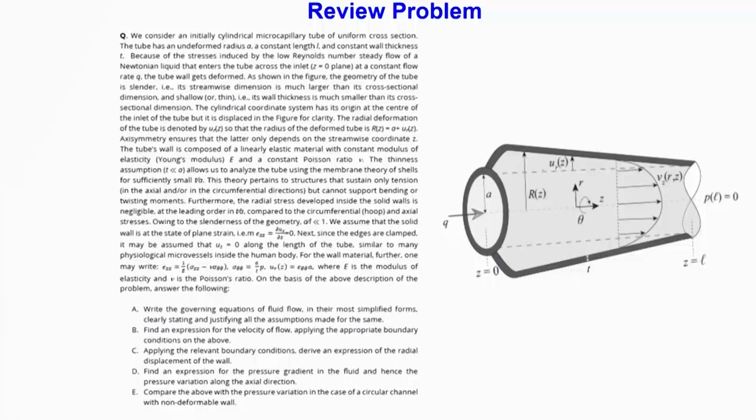With this you have sigma theta theta, which is the hoop stress or the circumferential stress, equal to A by T into P, and P is the pressure. If you know the stress, you can calculate the strain, that means you can formulate the displacement as a function of pressure, and then you can solve the entire problem just like what we have done, except the coordinate system here is a cylindrical coordinate system.